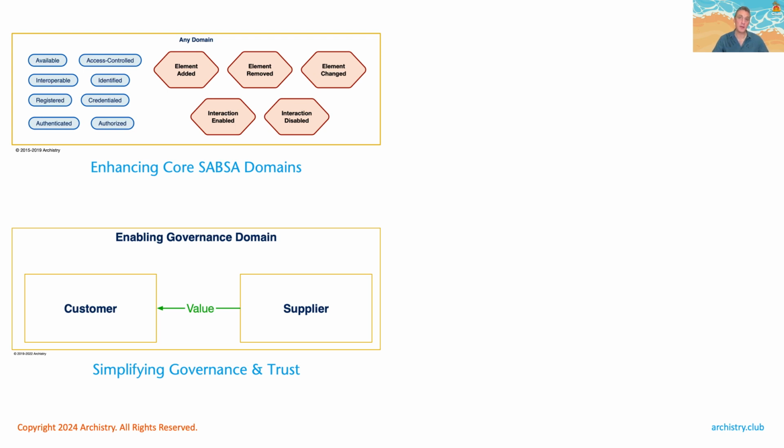No, these are not fixed roles. These are dynamic roles based on the exchanges of value, because in any exchange of value or any exchange of goods and services to facilitate that value, there is an exchange in both directions. So these are roles that represent one direction of that value exchange. And this gives us a generic simplified model of trust and governance that we can use in a lot of different ways to help us understand what's really happening in our organization.